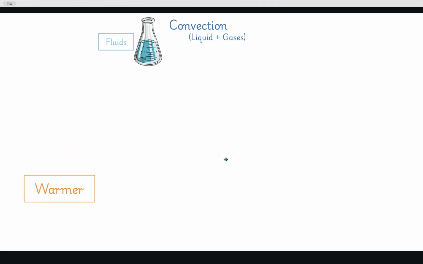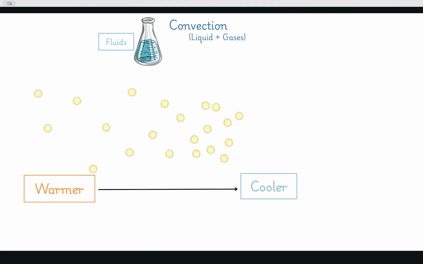This means that the higher energy particles in the warmer region are a lot more spread out than those in the cooler region. And so the fluid in the warmer region expands as it heats up, and it becomes less dense than the cooler fluid.